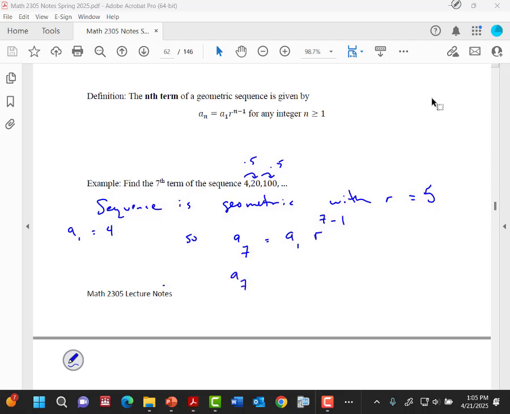So A7 would be 4 times 5 to the 7 minus 1, that is 6. Remember, I have to do order of operations. I have to do the 5 to the 6th power first, and then multiply that times 4 to give 62,500. So that would be the 7th term in this sequence right here.